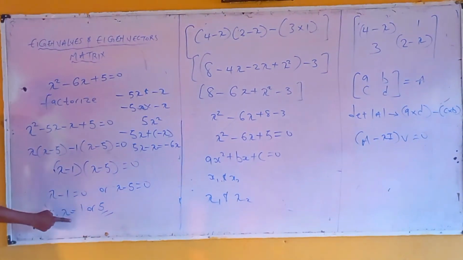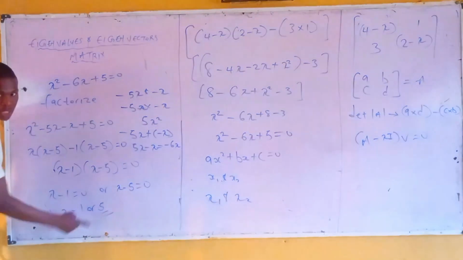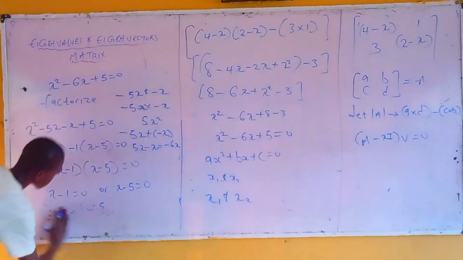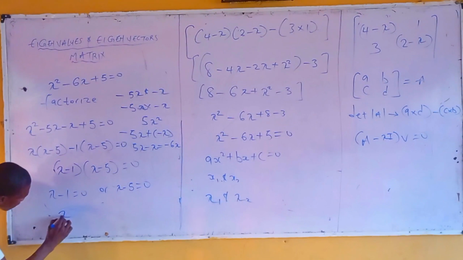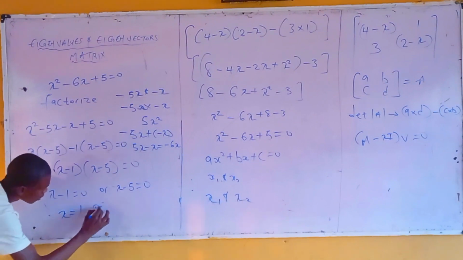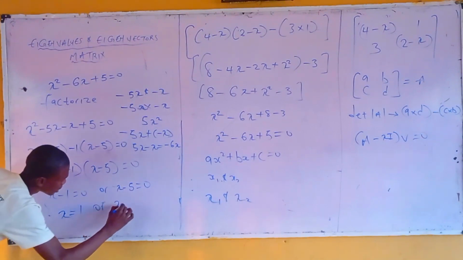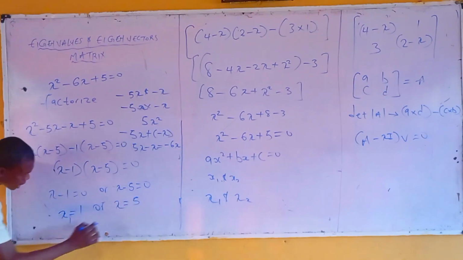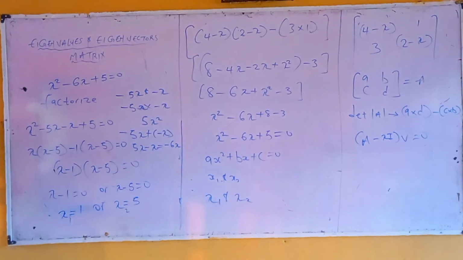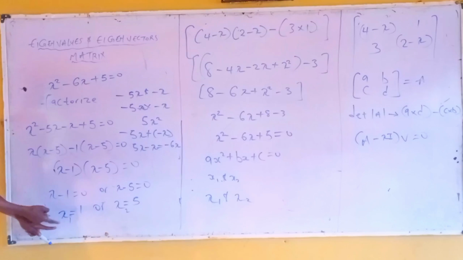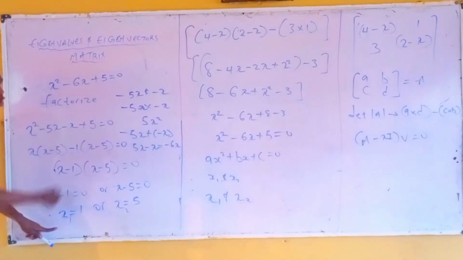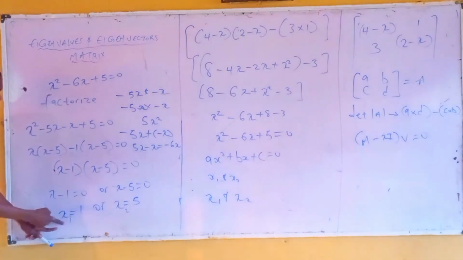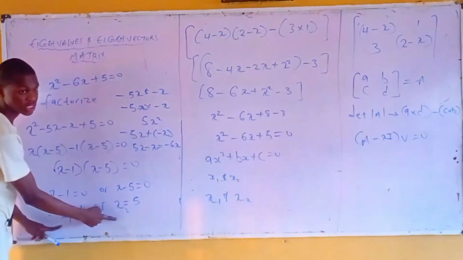From here, lambda equals 1, and from here, lambda equals 5. Or better still, say lambda 1 and lambda 2. This is an eigenvalue of the matrix we had earlier, and this is also an eigenvalue.